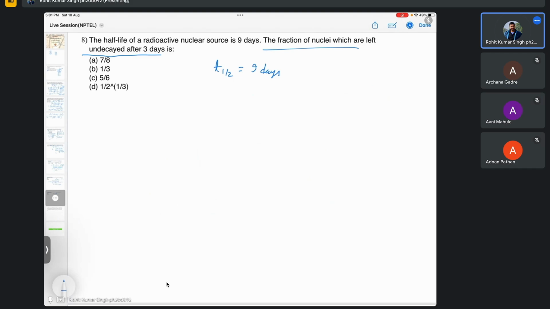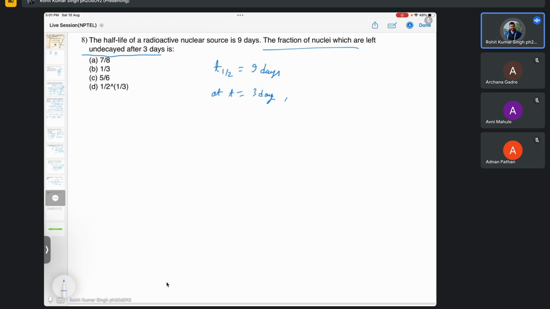So at t equal to 3 days, we have to find the fraction of undecayed nuclei. Okay, so what fraction of nuclei is remaining?